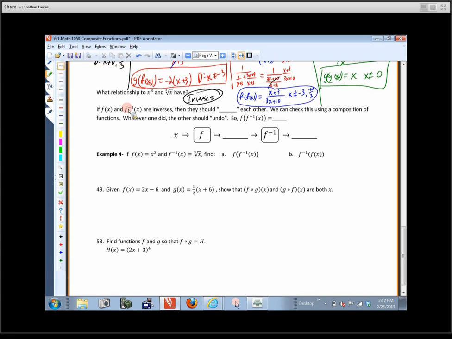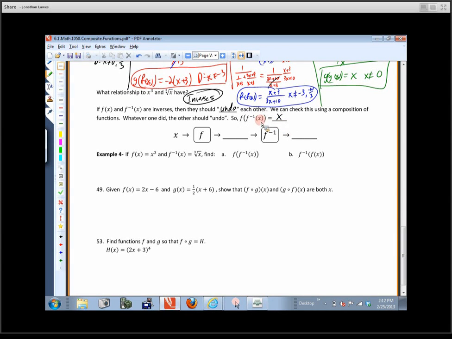If you write that over a function, it means the inverse of that function. Okay? If they're inverses, what should they do to each other? Cancel. Okay, cancel is one word, or a better word is undo. They should undo each other. So if they truly are inverses, whatever one did, the other one should undo. So if I do f of f inverse, if this does some math and this does the opposite math, if they undo each other, I should get right back to x.